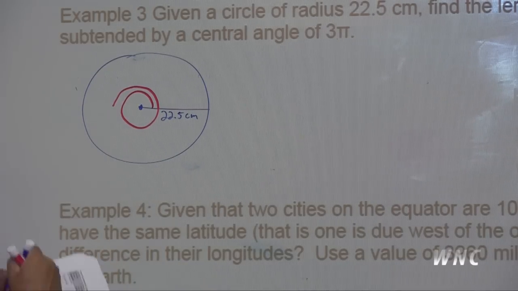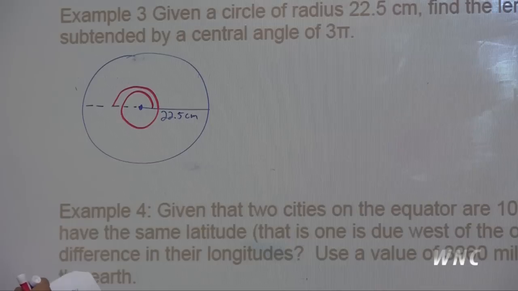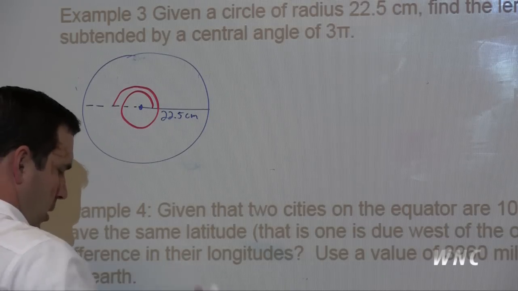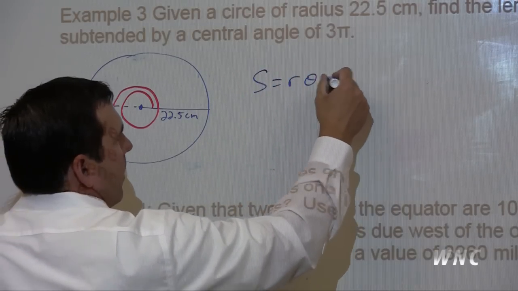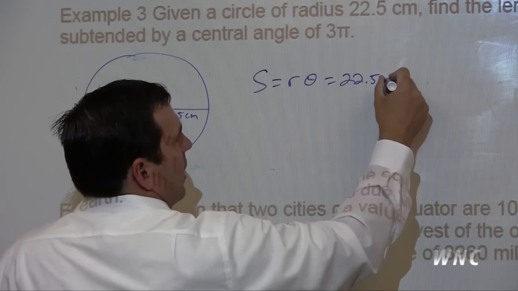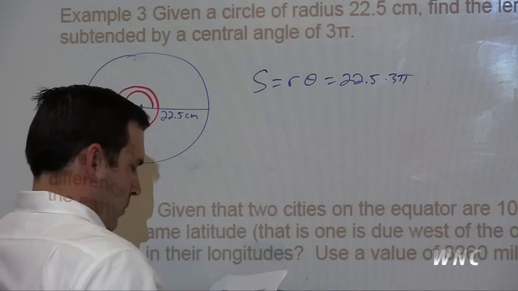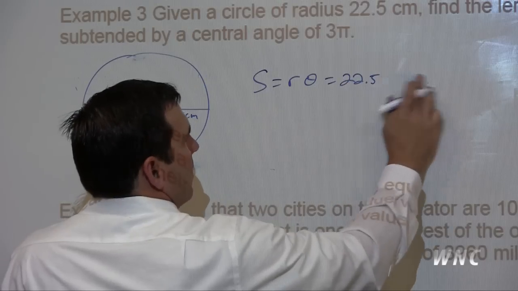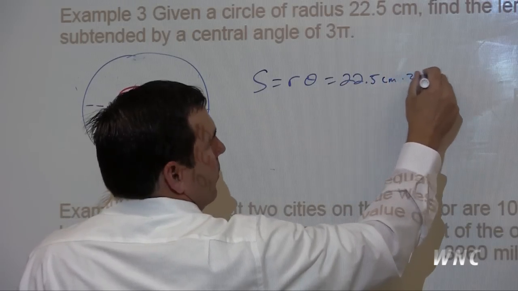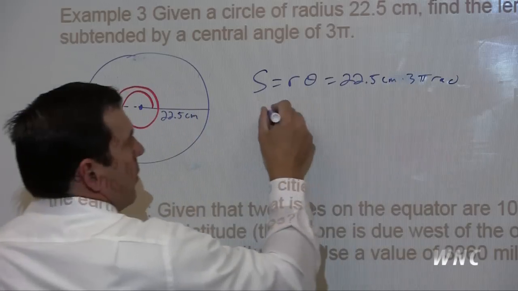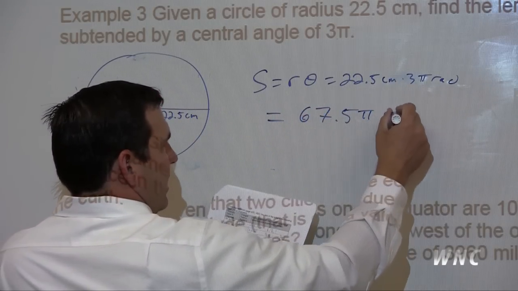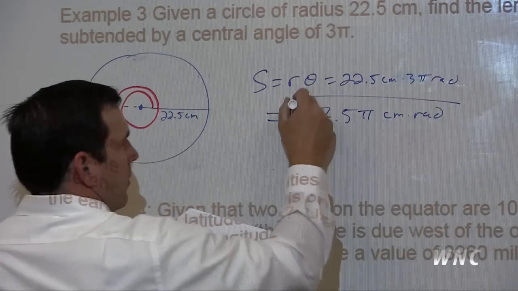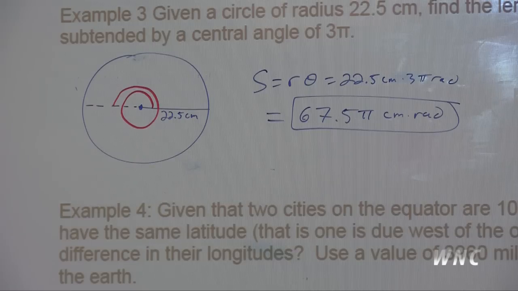So what we're talking about is 1.5 times around. So our arc length is r times theta, which is 22.5 times 3 pi. This was in centimeters, of course, and 3 pi is in radians. So what do we have? 67.5 pi centimeter radians. That's our arc length.